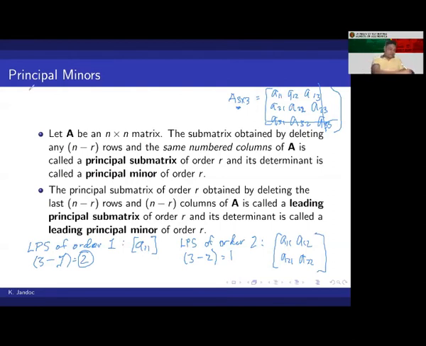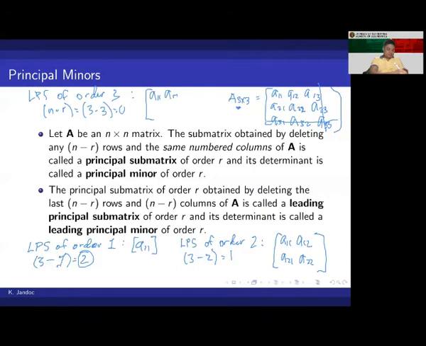And the leading principal submatrix of order 3, well, in this example, n minus r is equal to 3 minus 3 equals 0. We won't delete anything. So the leading principal submatrix of order 3 is the matrix itself.